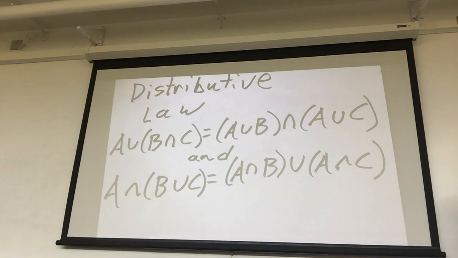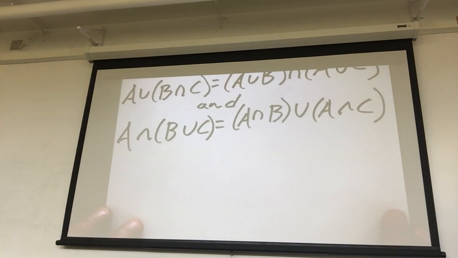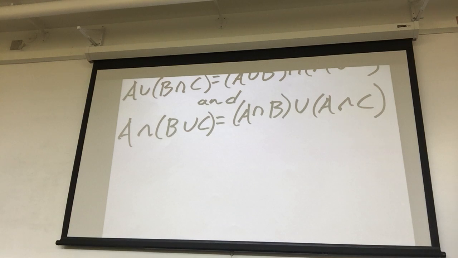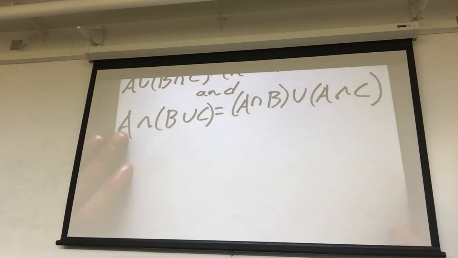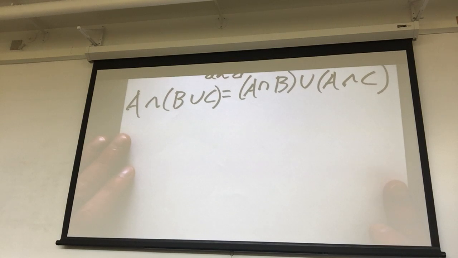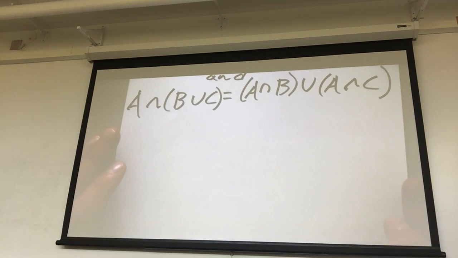I'm going to run out of paper if I do that. No, we'll start with the second. So let's say A intersect B union C.